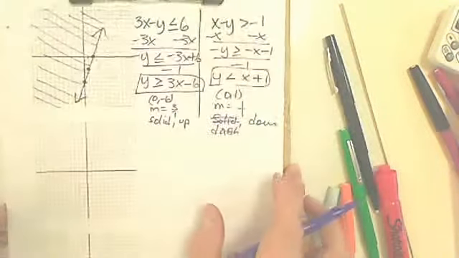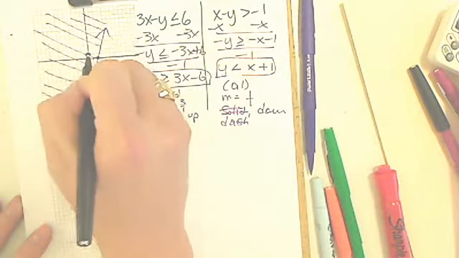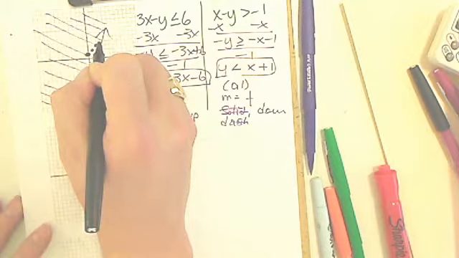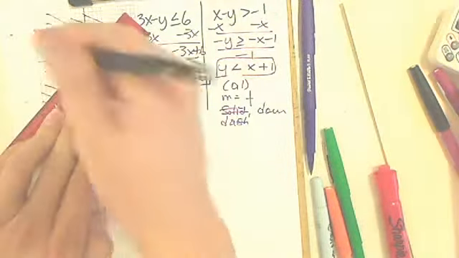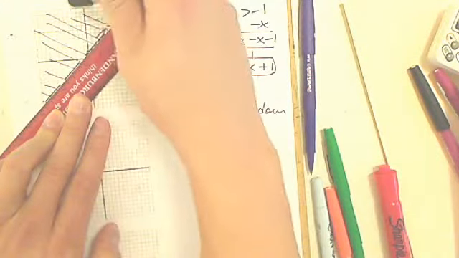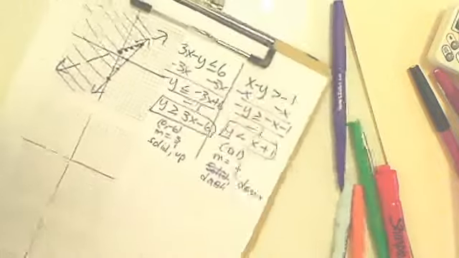Turn it backwards. Good. 0, positive 1. Up 1 over 1. It converges right here, so make sure your line is really nice looking. This is a dashed line, however. Dashed line. Arrow. It's still a positive slope, so I turn to the right, but it's down.